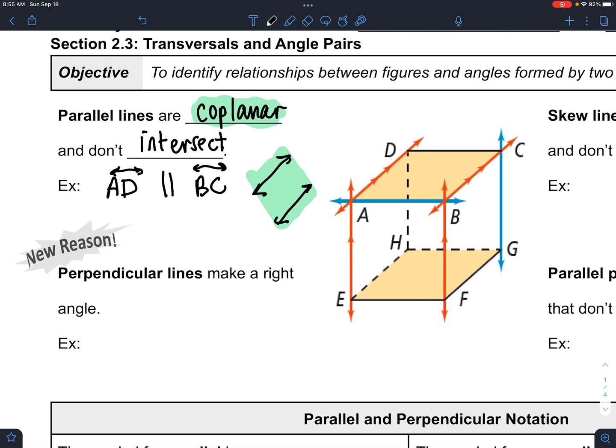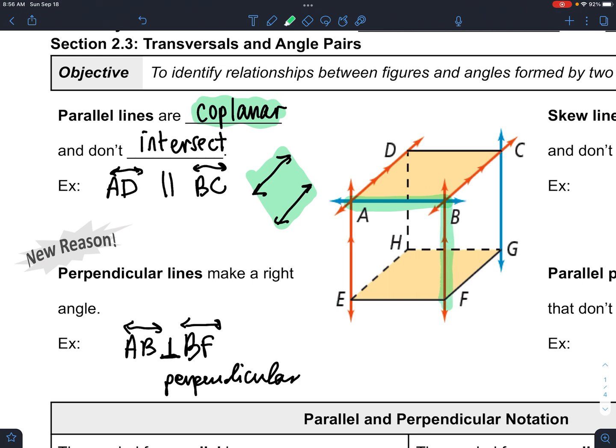Big one here is perpendicular. Perpendicular lines are, for example, AB right here in front, and BF. We use this symbol for perpendicular because it's a little T shape, which is kind of the shape that's made, that right angle shape.